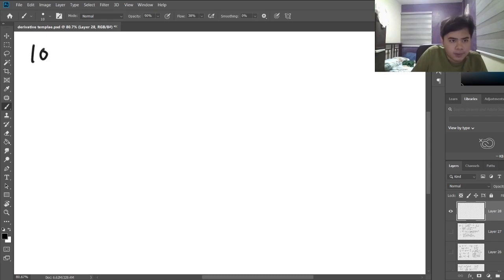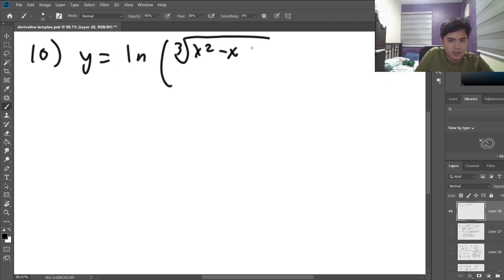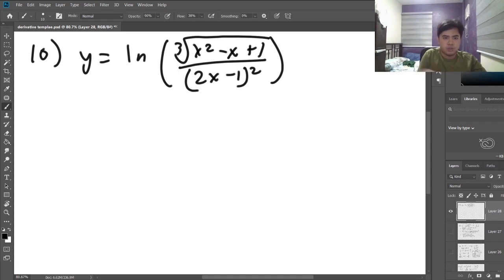Number 10. y is equal to ln of the cube root of x squared minus x plus 1 over 2x minus 1 squared. Now, you could do a chain rule, quotient rule situation here, but we're not going to do any of that. Instead, we're just going to use logarithm identities. Here, we can separate the numerator and denominator using the subtraction one.